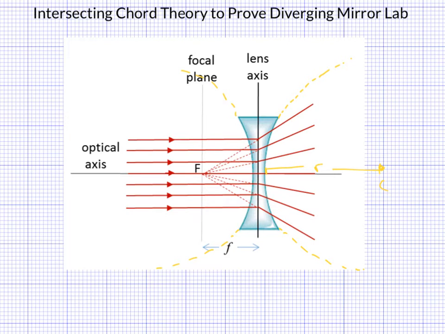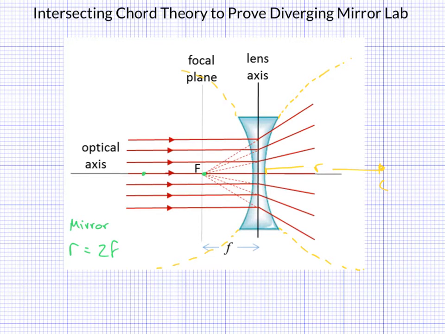So if we ignored everything on this side, if we said that the rays did not pass through like they do with refraction, if the rays coming in hit the surface of the mirror and reflected back to the focal point here, in other words, this dotted line was a solid line, an actual ray, then yeah, we could very easily make the statement that this focal length would be half of the radius. So with a mirror, we can say that the radius is 2 times the focal length.